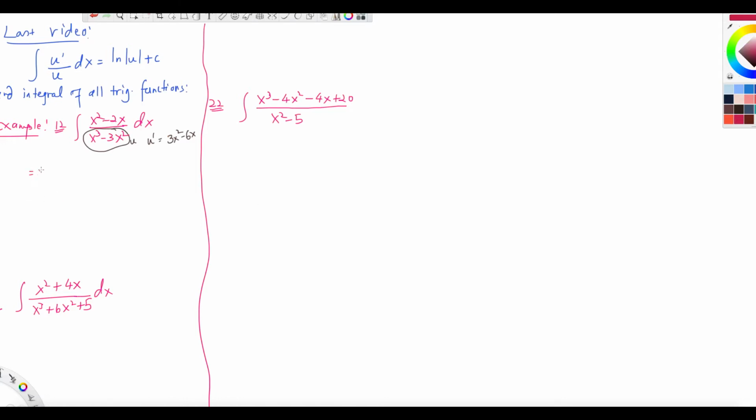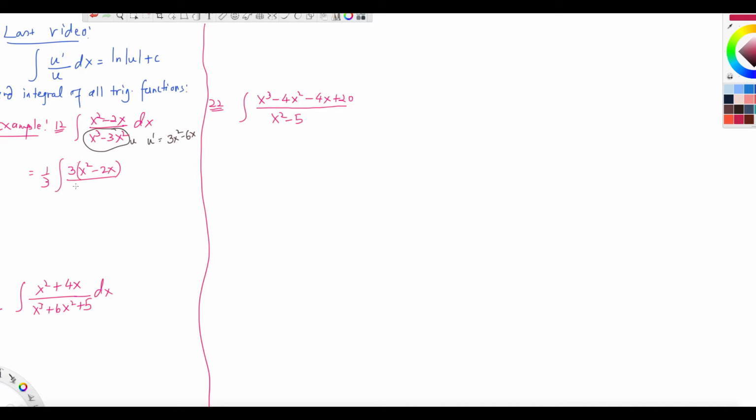So I'm going to write 1/3 and then 3x squared minus 6x. I'm multiplying by 3 and then dividing by 3. If you cancel that, it will be the same as the previous one, right?